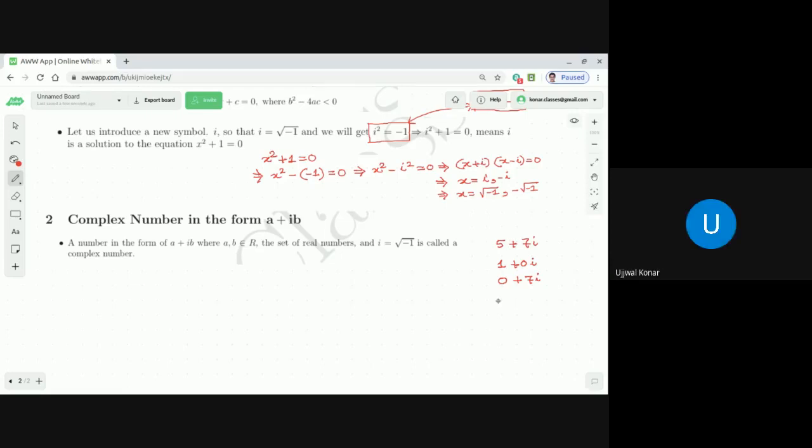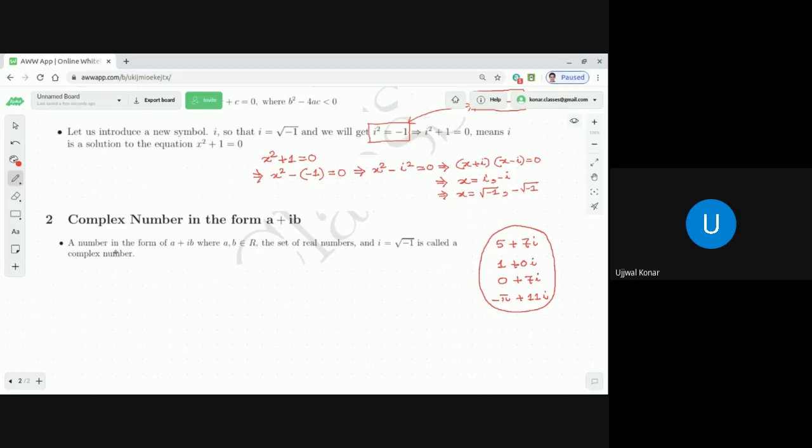I can write something like minus pi plus 11 into i, where both minus pi and 11 belong to the set of real numbers. So all these numbers, dear students, what you see, these are all complex numbers. Why are they complex numbers? Because they satisfy the definition of a complex number. Let's recap. What is the definition of a complex number?